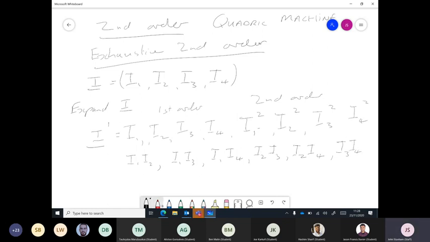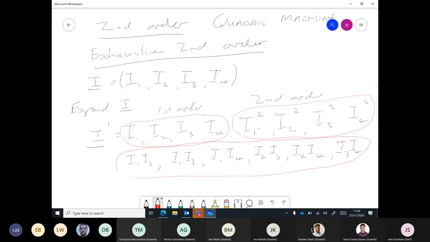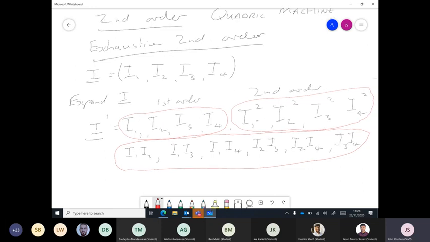So what we have is the first order terms. We have the square of the terms, which are the second order terms, and then we have the pairs of inputs. Now note that we don't include I1, I1 because that would be the same as I1 squared.